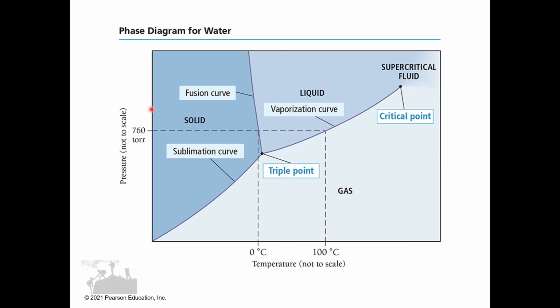And now we're going to have to move towards the right. So what are we doing? We're increasing the temperature. So we're doing something that's endothermic, right? We're adding heat. Okay, so we're going from solid to liquid. Well, that's melting. That's fusion. So fusion is an endothermic reaction.